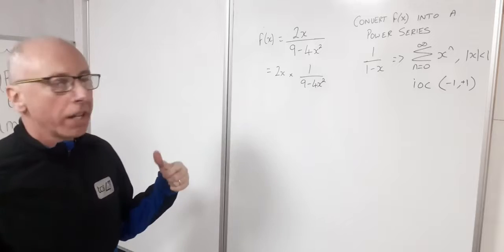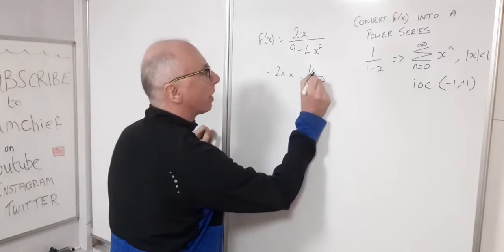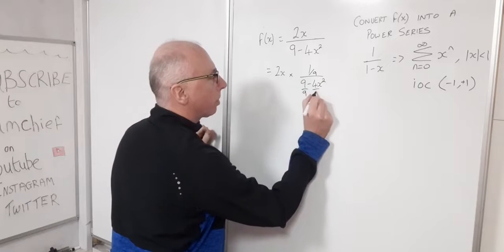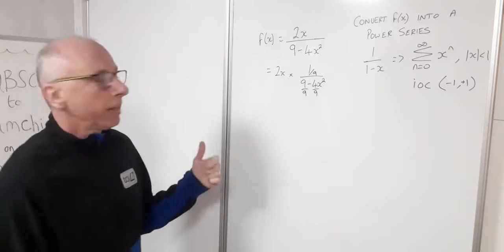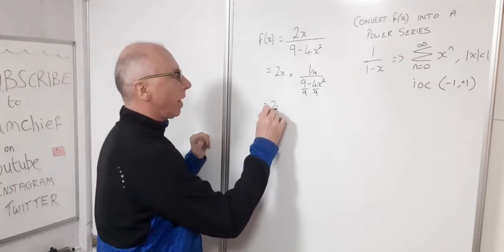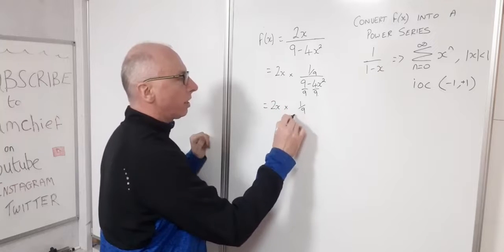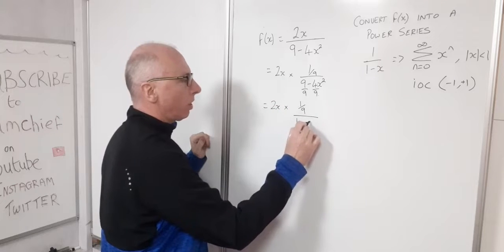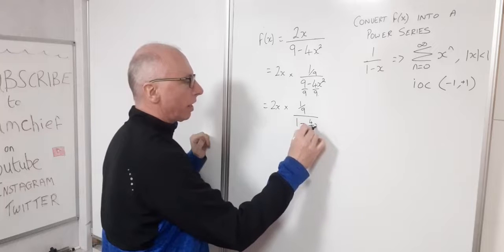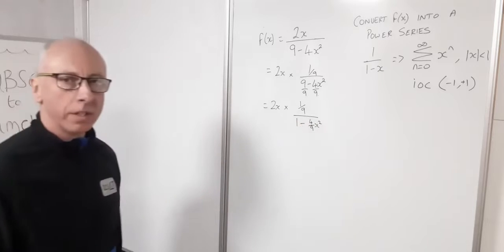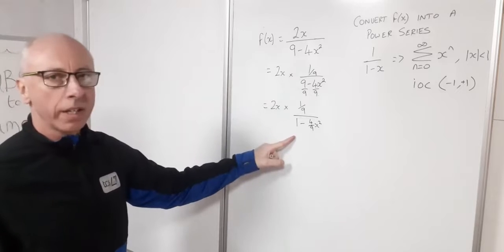So therefore I can divide all the terms by 9. Let's try that. That will give me 2x times 1 over 9 times 1 minus 4/9 x squared. So that's the equivalent of what we got here.